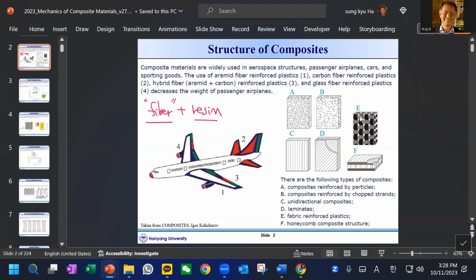We have reviewed this woven several times. Each woof and weft represents a tow.